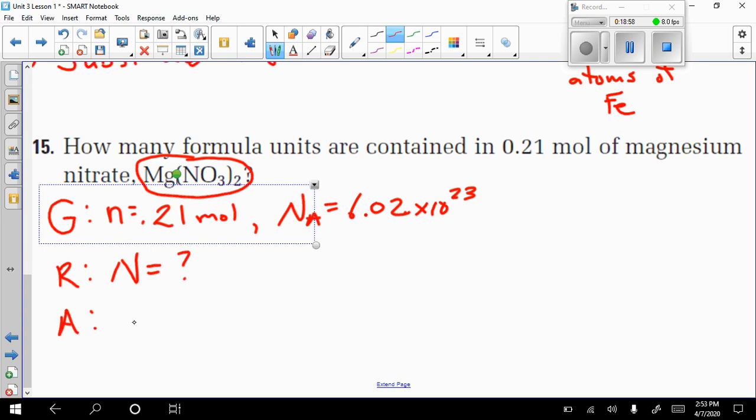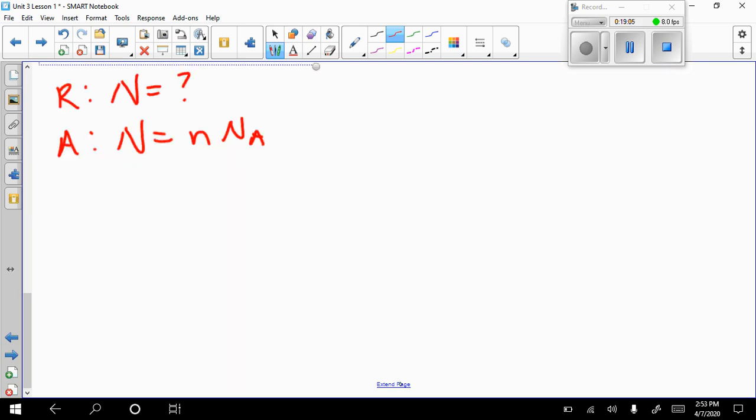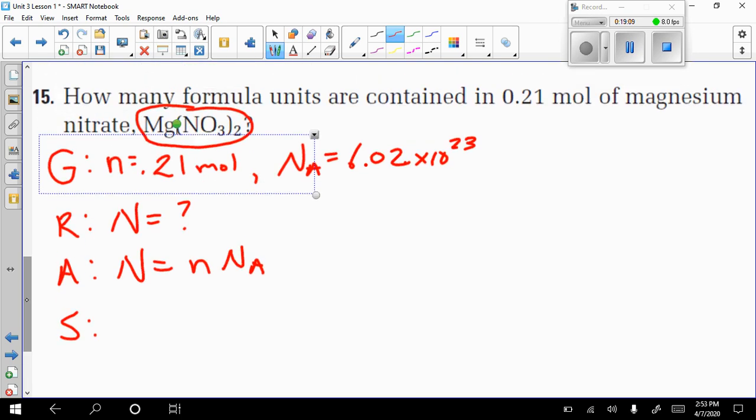And I need my formula. I know that N is equal to n times NA. So I'm going to substitute and solve into that. And so N is equal to 0.21 times 6.02 times 10 to the 23.